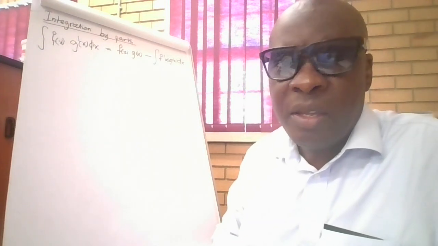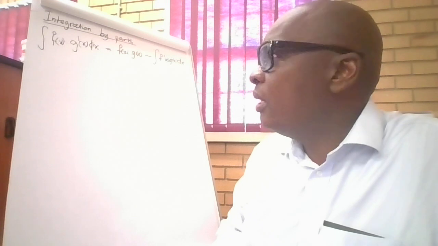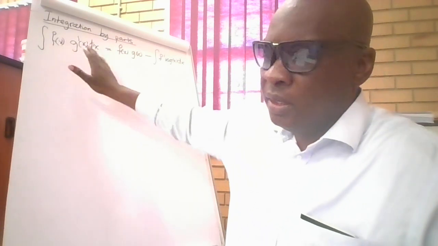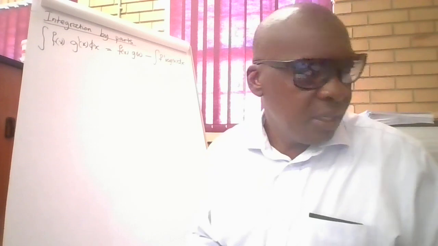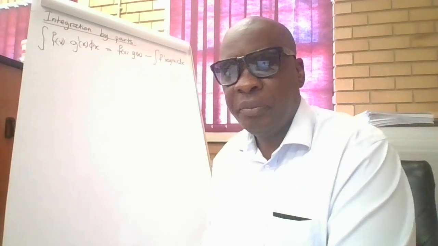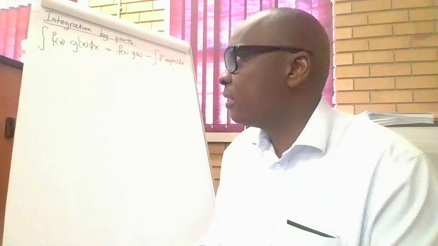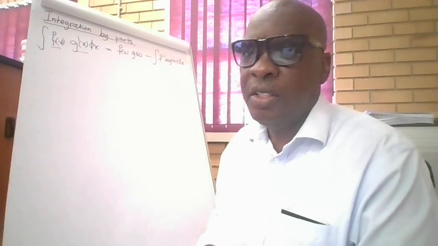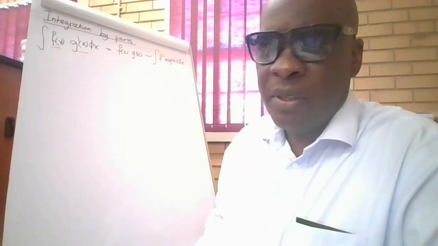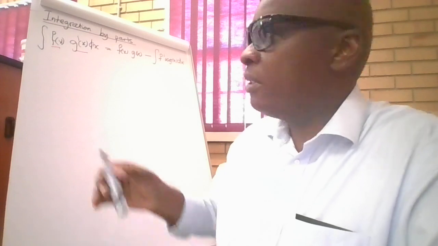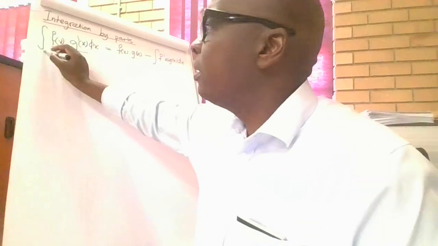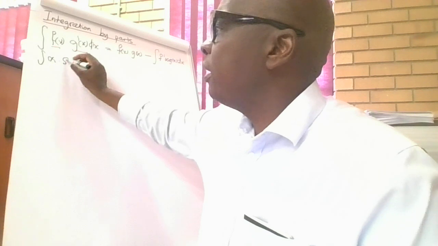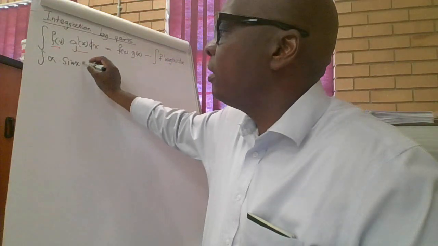However, here you can see that we are integrating a product of two things, f of x and g prime of x. I'll give you an example, like if I say integrate x times, say, sine x dx.